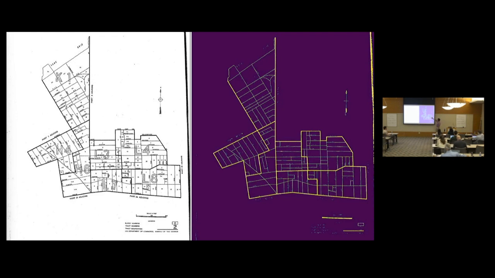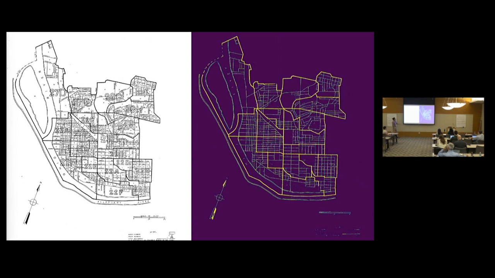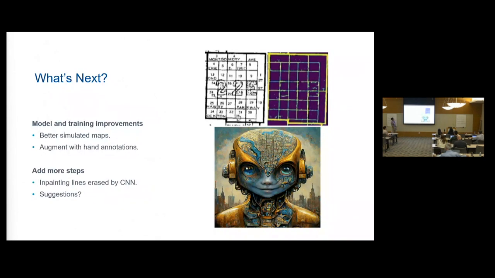You can see it's doing a pretty good job of ignoring the nuisance features that we don't want, like these big tract identifiers. And it's doing a pretty good job of picking up the actual block boundaries that we need. Once we're here, it becomes pretty easy to vectorize this and turn it into a shapefile. Here's another example.